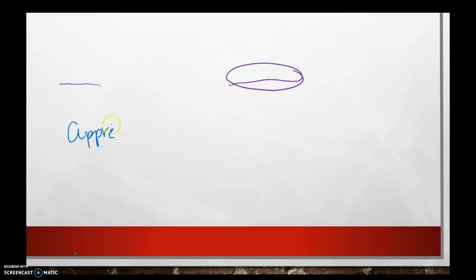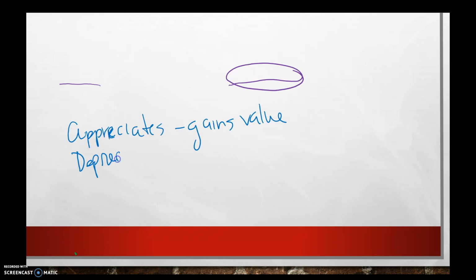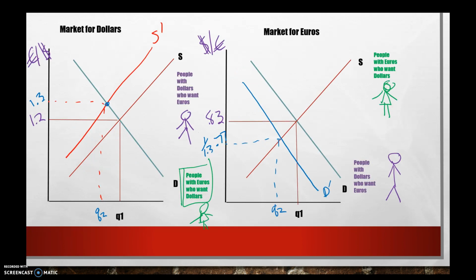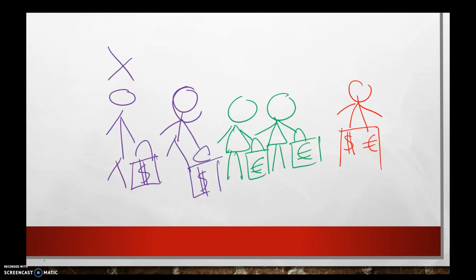So if a currency appreciates, it gains value. If a currency depreciates, it loses value. Let's look and see what happened. So it used to cost 1.2 euros to buy each dollar, and now it costs 1.3. That suggests that the euro is now worth less.